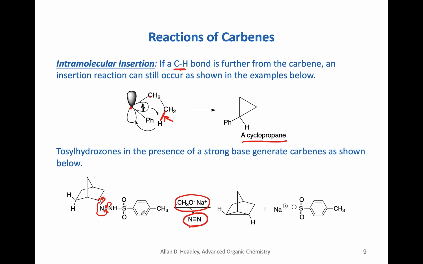Once we have the carbene right there, it can now insert into that bond, and we have that as the product. So again, an insertion, but this time it's not a 1,2, in this case it's a 1,3. You'll see later on that it's possible to have even migration further from the alkene center.